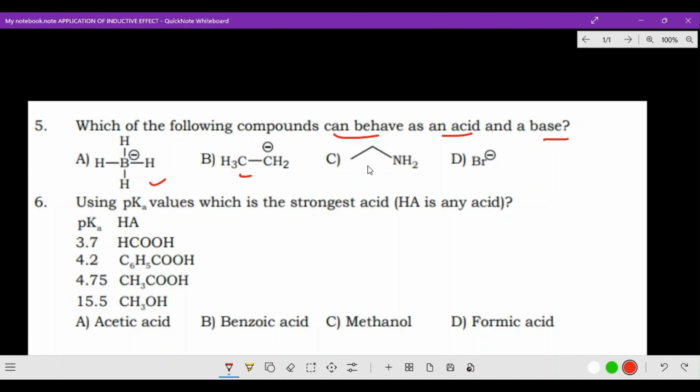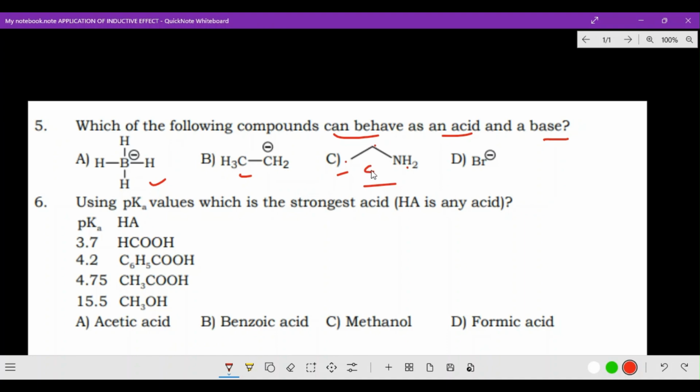Then the third one, CH3CH2NH2, ethylamine, can behave as an acid as well as a base.